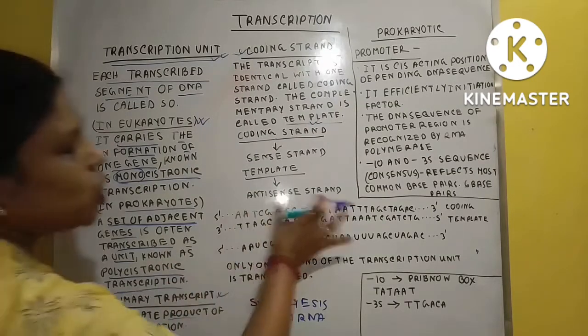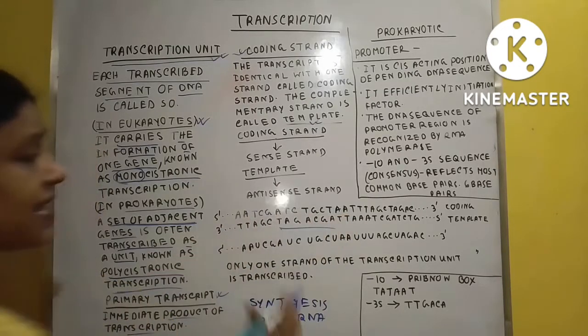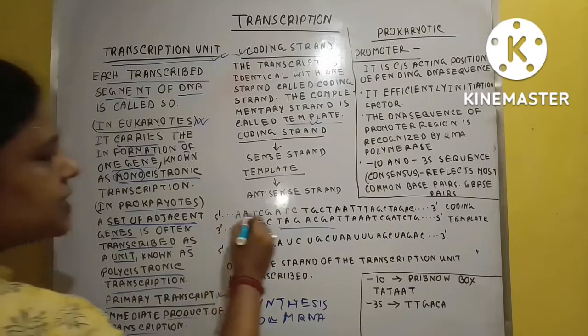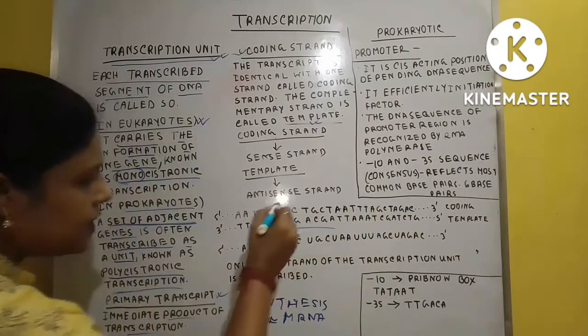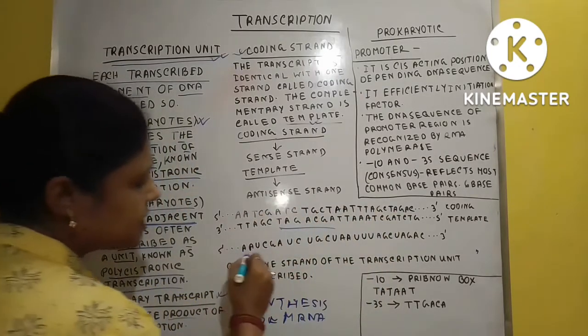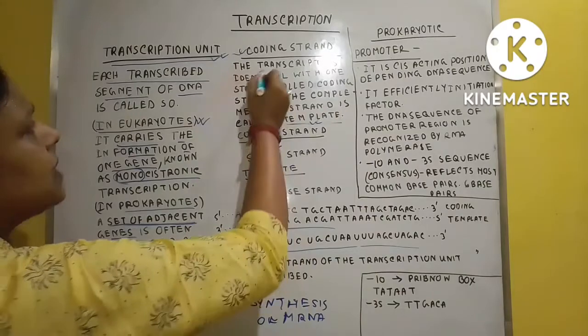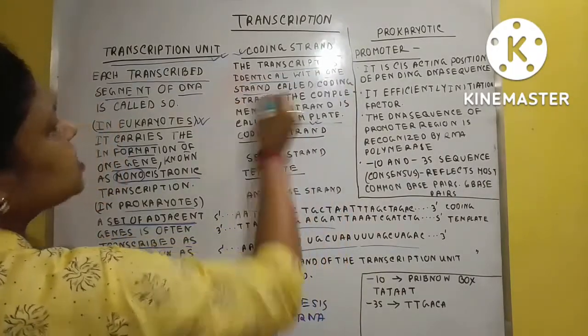Here the transcription process does not actually occur. So this is called the coding strand, and if you look properly, you can see the base pairs of this strand are totally similar to the mRNA base pairs. That's why it is said that the transcript is identical with one strand.